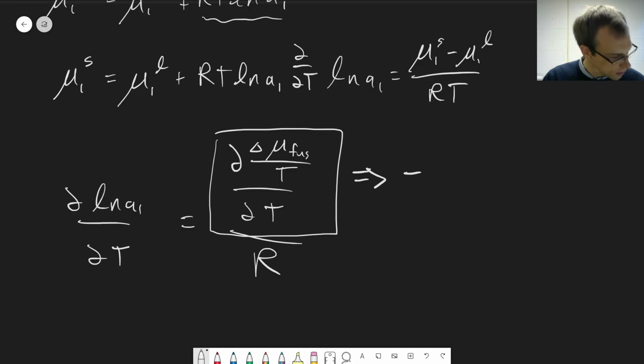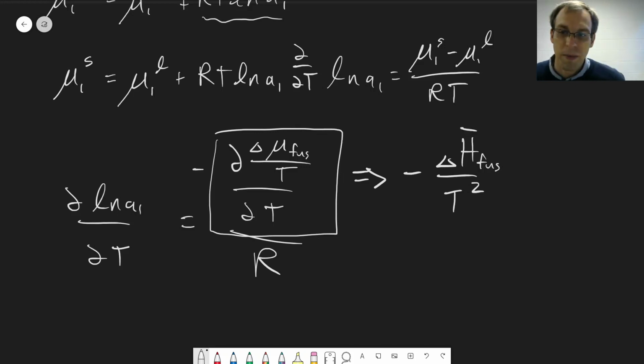I'm missing a negative sign here, so this should have a negative in front of it. And this will be delta H of fusion, molar. All of this is molar values.